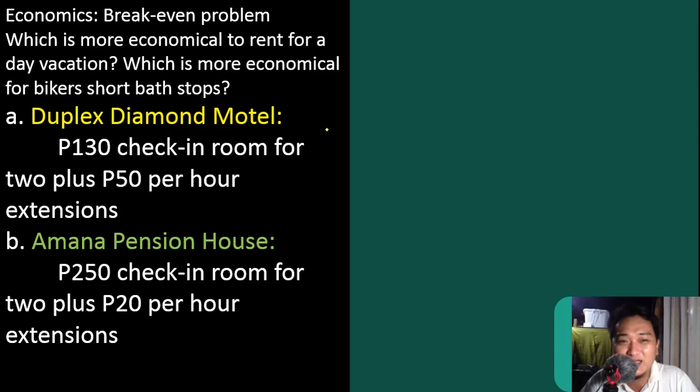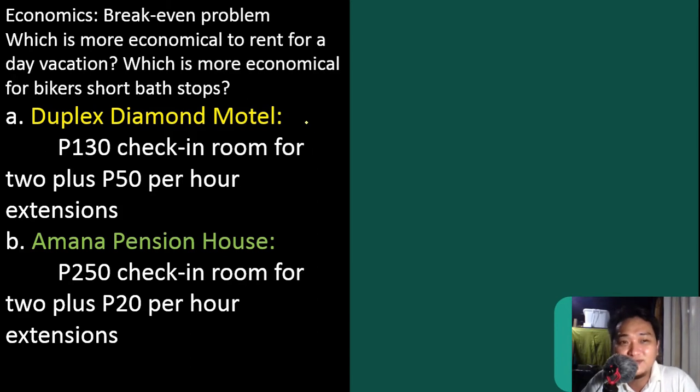So we have two types of customers here. Yung unang customer natin, bakasyonista, meaning pag pumunta siya sa lugar na yon, magtatagal siya. Yung isang type naman ng customer natin is saglit lang, kasi magpapalit lang ng damit, mga bikers sila.